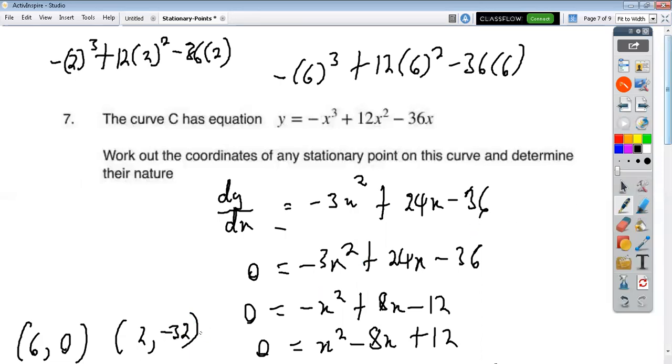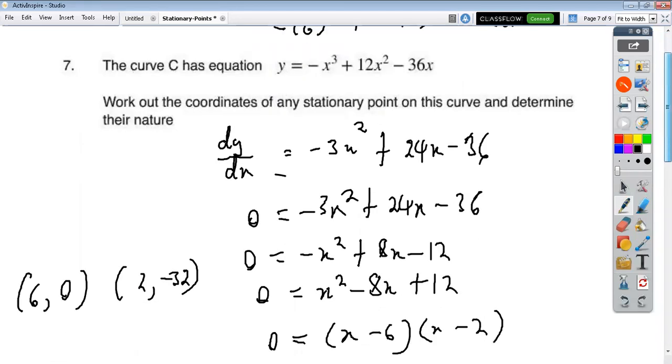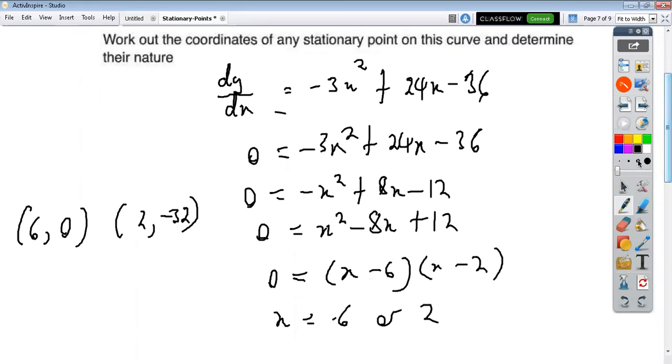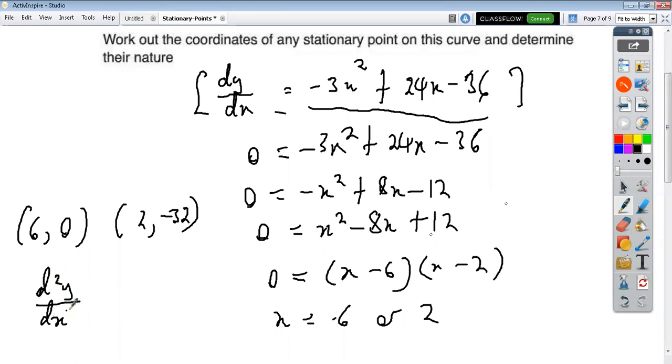Okay, now they said we need to determine the nature of the stationary points. So remember, we now need to work from the gradient. We do the second derivative. So let's look at d squared y over dx squared, which is equal to minus 6x plus 24, because the derivative of 24x is simply 24 and of the constant is 0.